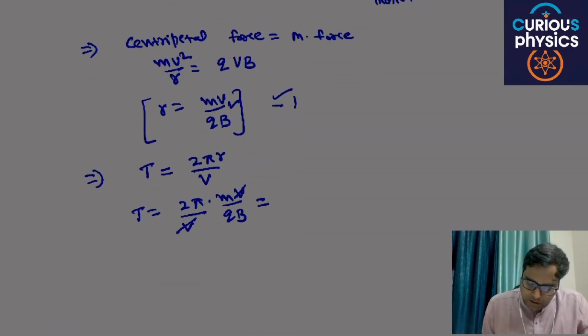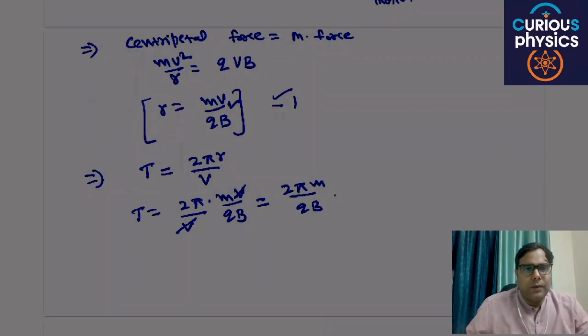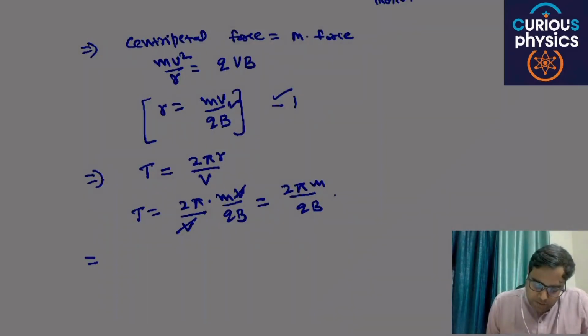Time period will be 2 pi m divided by qB. Are you able to understand my point or not? This is basically 2 pi r by v, this is the time period. Okay, are you getting my point or not? Then what will be the value of angular speed?